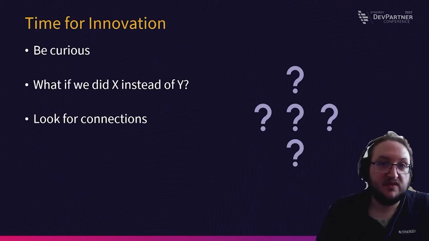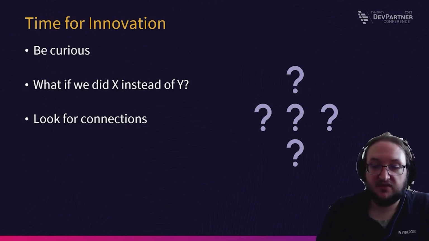Once we have our problem statement, this happens because it's designed this way, or whatever, it's time for some innovation. This is the time to be curious, and ask questions about the possible connections of the process and how it is influenced by other processes.